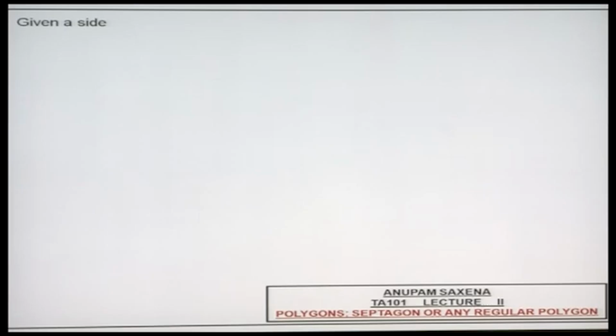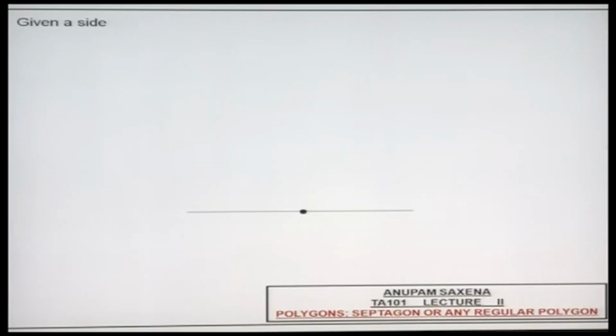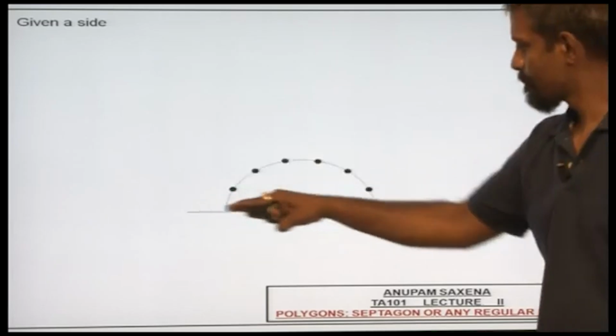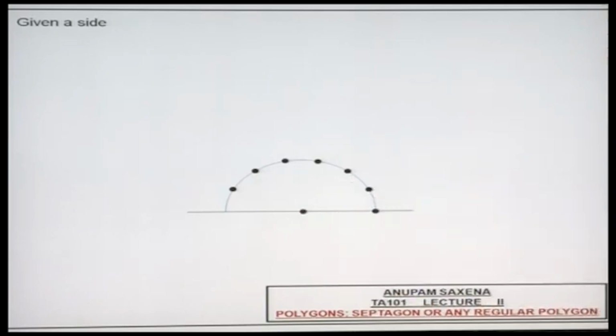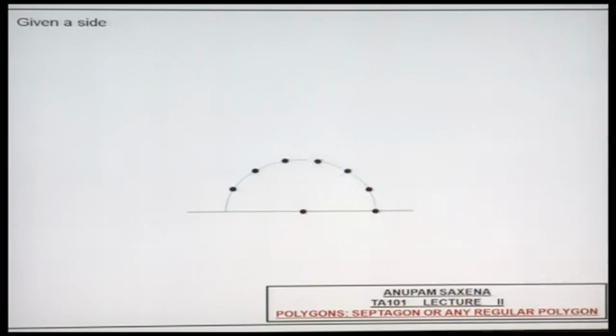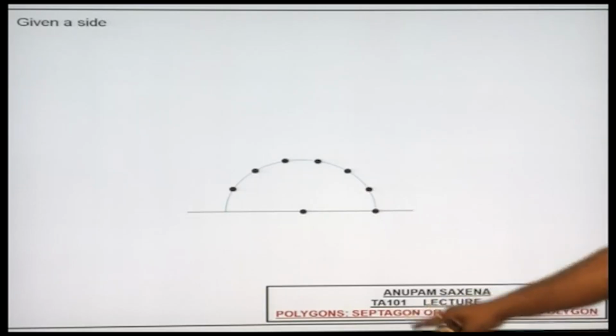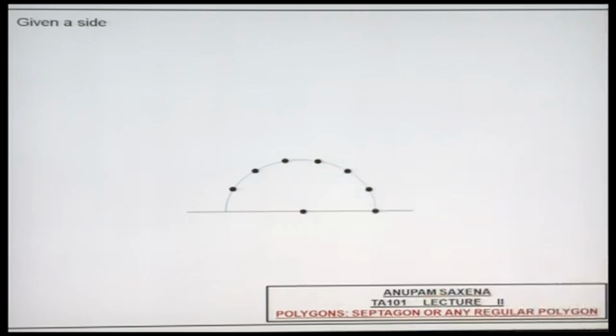Okay, how about a regular septagon or any other regular polygon for that matter? Given a side, so let's say you have been given a side. All right, so you have this point over here, this distance is known. So draw a semicircle and, since we are focusing on septagon, divide this semicircle into, let's say, 1, 2, 3, 4, 5, 6, and 7 equal parts.